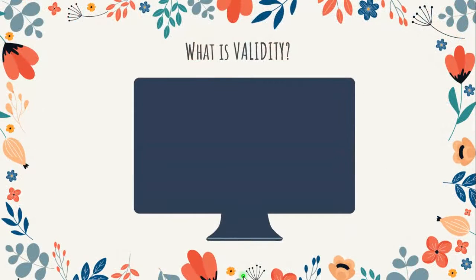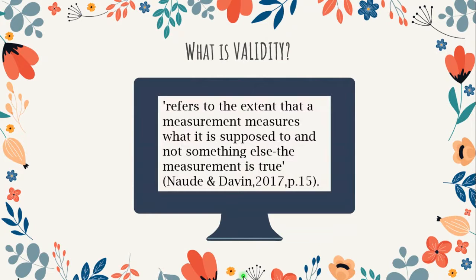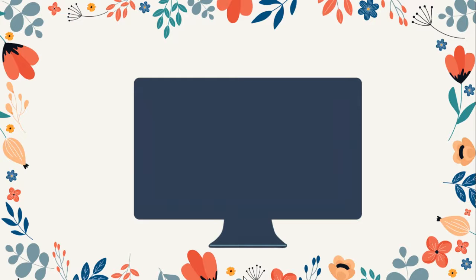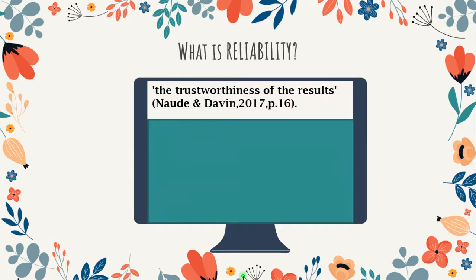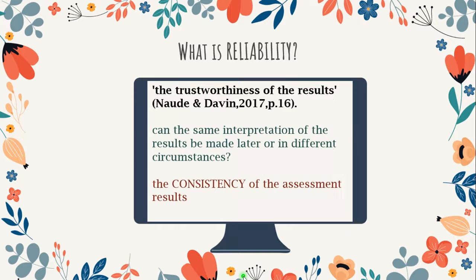So what is validity? This refers to the extent that a measurement measures what it is supposed to and not something else. So the measurement is known as true. And then what is reliability? This is the trustworthiness of the results. Can the same interpretation of the results be made later or in different circumstances?